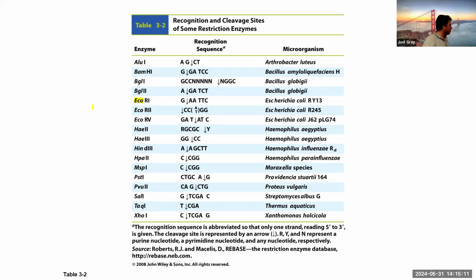E. coli. So this particular bacteria, when you see EcoRI, this was the first restriction enzyme discovered in E. coli. Does that make sense? Now, all of these other names, EcoRV, it's the 5th restriction enzyme extracted from E. coli.